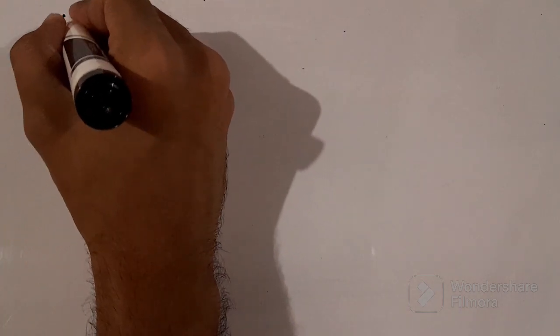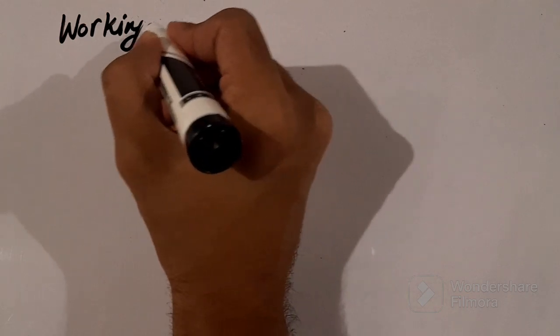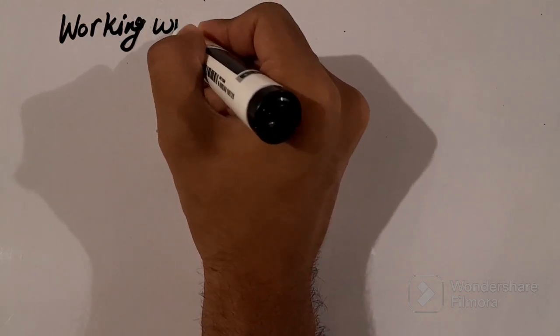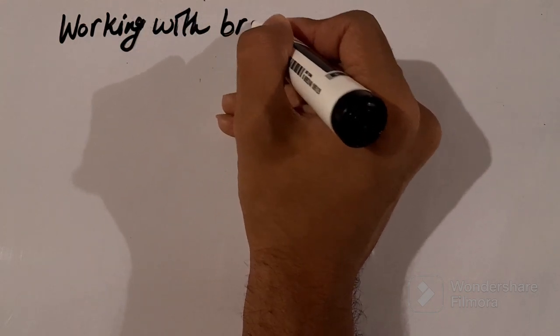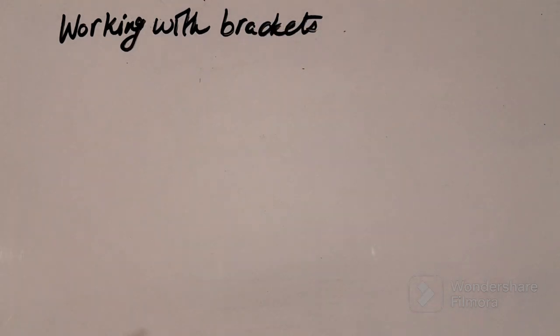So today I'll be explaining working with brackets. So what does working with brackets mean? Working with brackets means when an expression has brackets, you normally have to remove the brackets before you can simplify the expression.